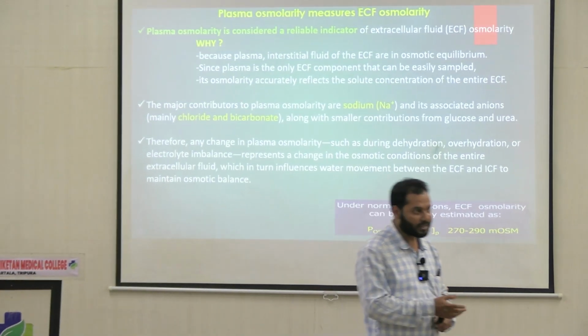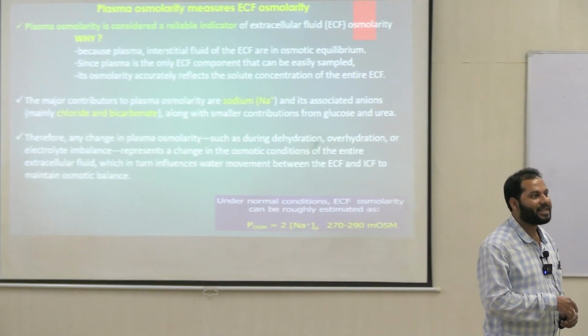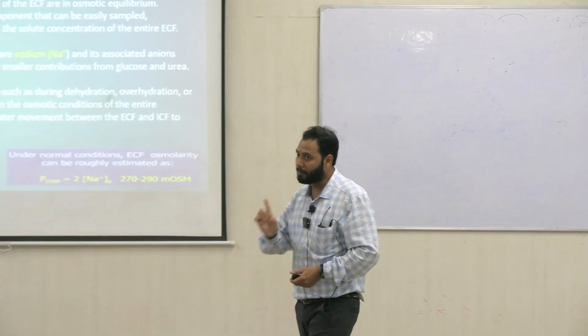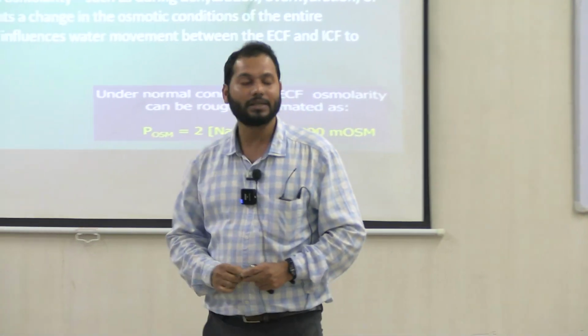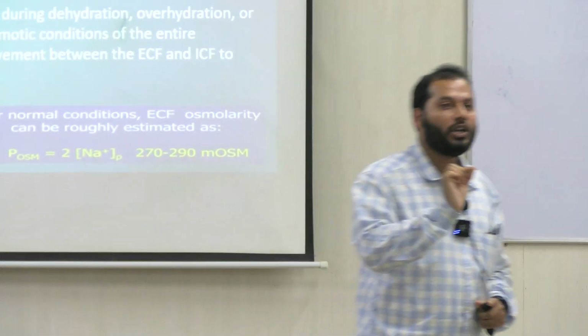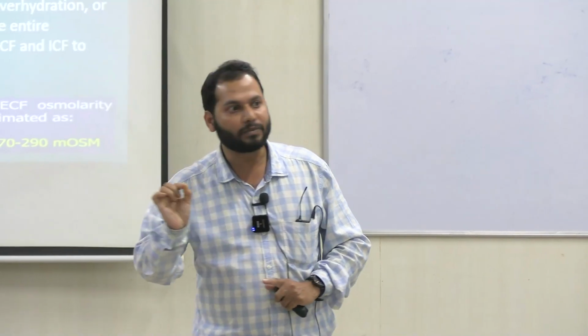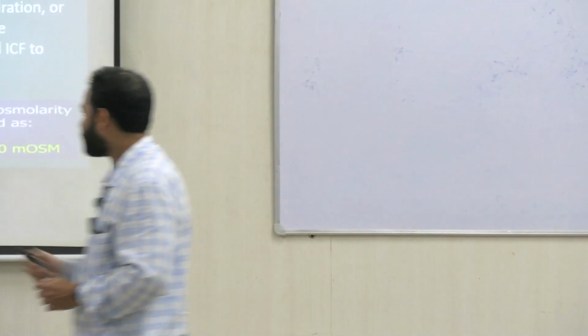That is why most of the time, to know about the osmolarity of extracellular fluids, we measure only the plasma osmolarity. Remember, to know the concentration of solute present in extracellular fluid, we only determine the solute present in blood plasma by taking a sample from blood capillaries or veins.